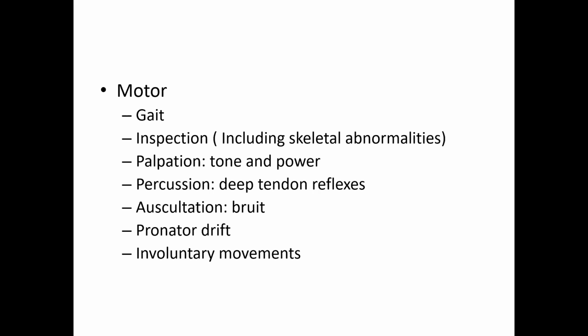If there is muscle wasting and fasciculation, it is a lower motor neuron lesion, right? And if there is a contracture, as you have already seen in polio and leprosy, it tells you it's chronic. And now the assessment of muscle power is a sort of palpation.